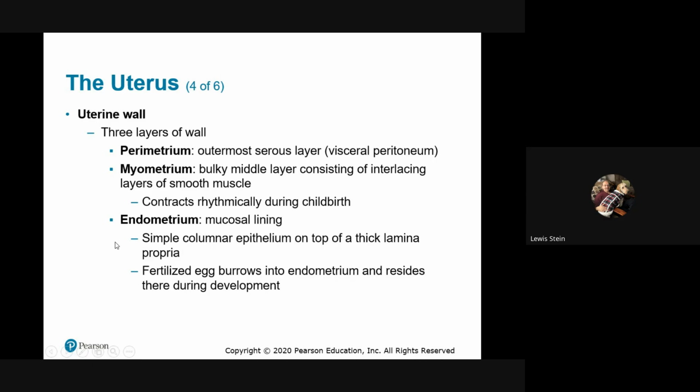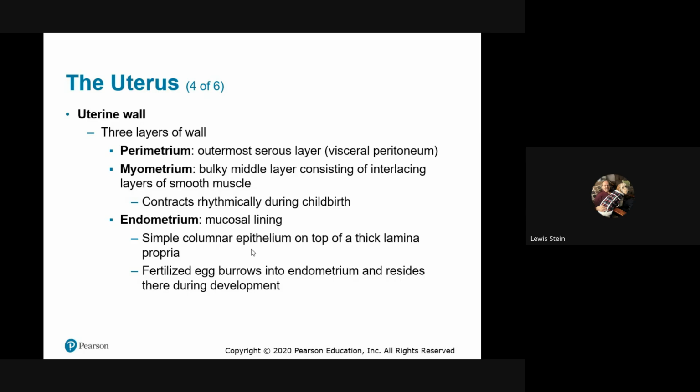Multiple pregnancies, certain things predispose you to some of these problems. Again, this is a part of the anatomy right here. This is just a giant smooth muscle, powerful, strong, contracting rhythmically as you might presume during childbirth. This is the big player here. Simple columnar epithelium and a very thick lamina propria. There are two layers. Remember, the term for layers is strata. You have the stratum basalis, the base layer that's always there, and the stratum functionalis, the layer that's designed to receive the egg when it's fertilized and which is shed in the absence of fertilization during menstruation.